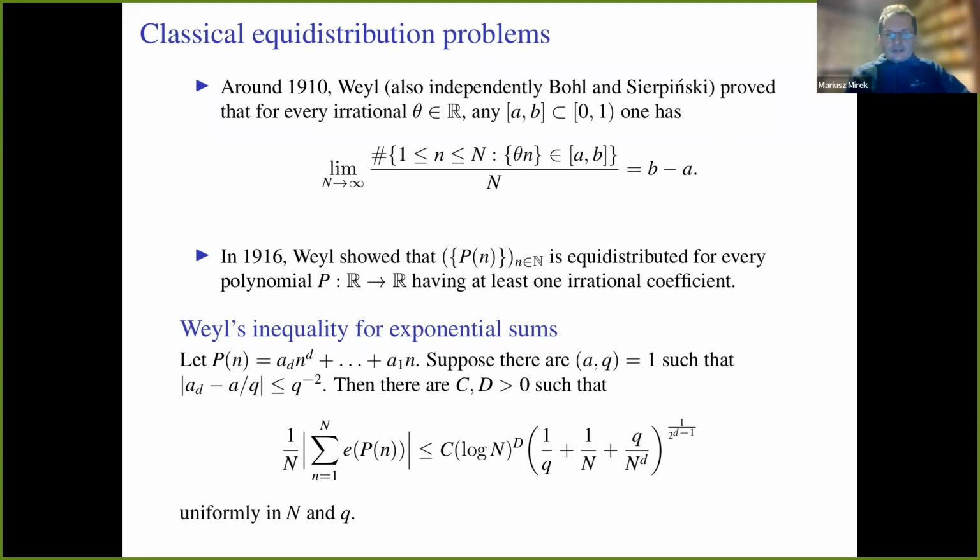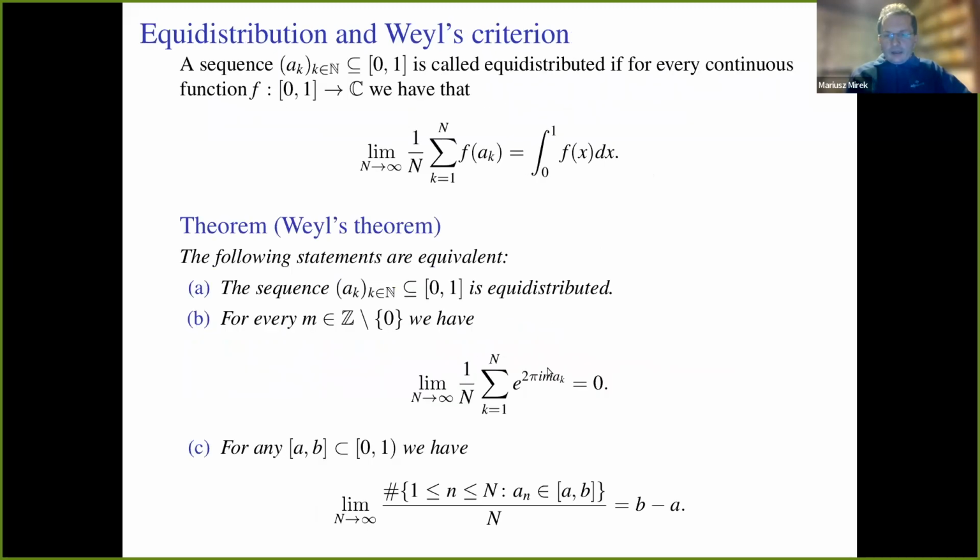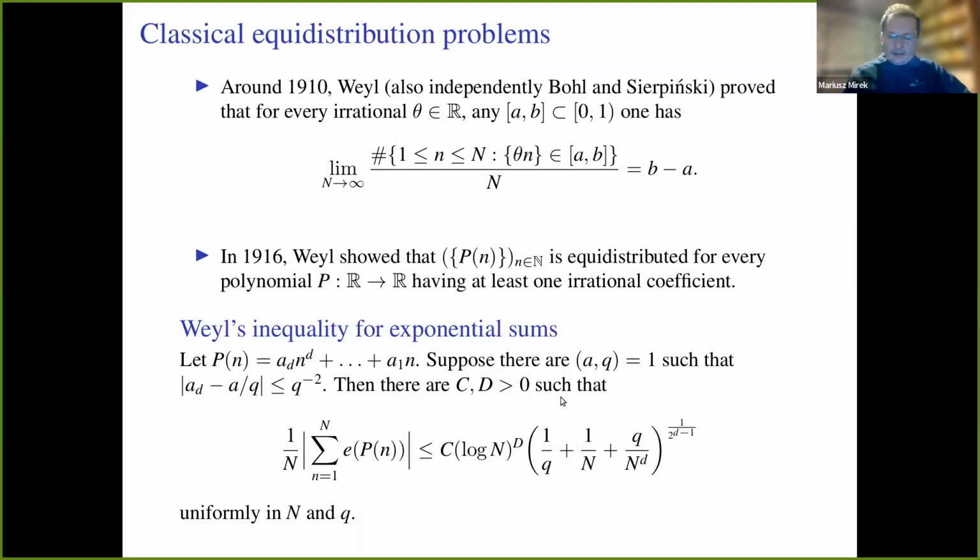And this result can now be easily verified if we use the statement from item B of this criterion. Because of the irrationality of theta, it suffices to sum a geometric sequence of characters, and we are done essentially.